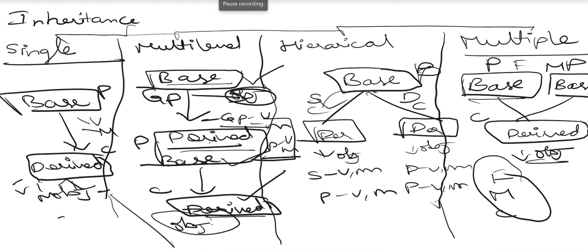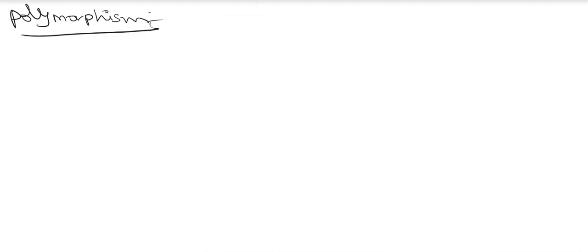Next, let us come to polymorphism. Polymorphism is nothing but representing one thing in many different ways. Suppose we see a polygon. A polygon is nothing but a closed shape.